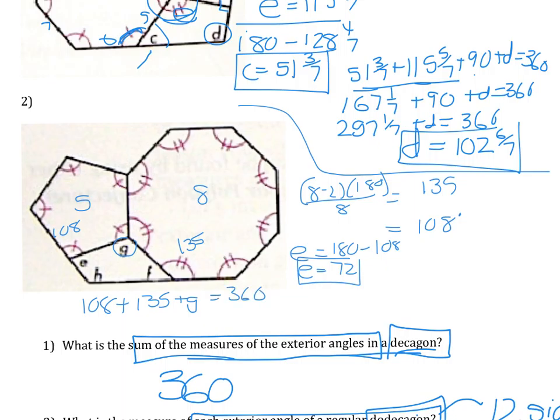So go ahead and figure out your G. And did you get 117? And then F is just going to be 180 minus 135. So F is 45? Yeah.